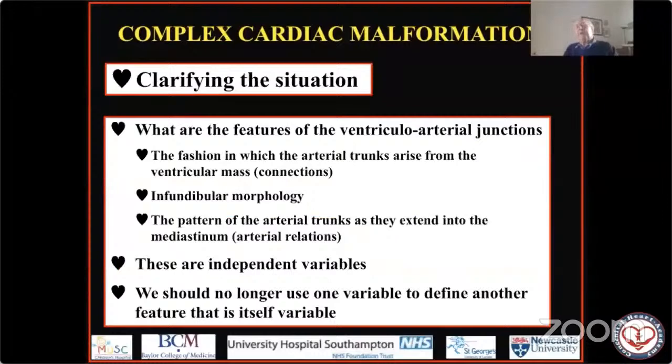He was criticizing one of our manuscripts a long time ago now, but he was 100% correct. We should not use one feature that is itself variable to define another variable feature. And this is particularly important in today's discussions. We should not use relationships or infundibular morphology to put a specific name on a given heart.